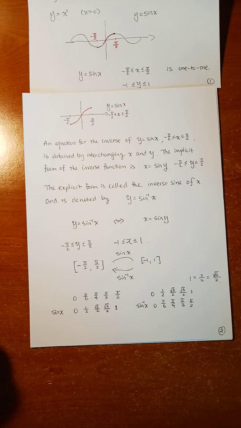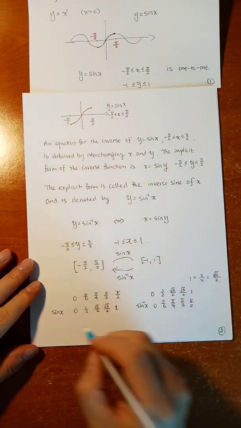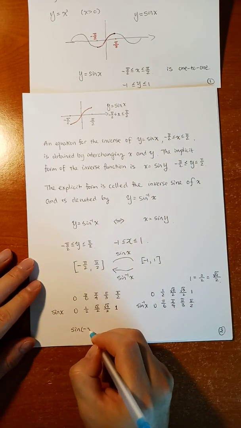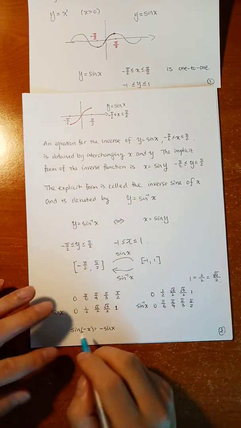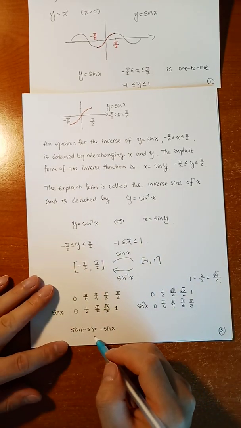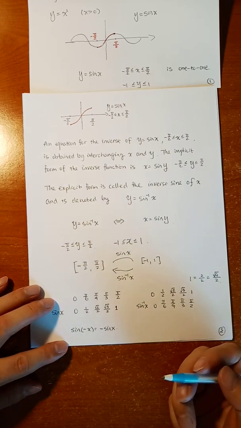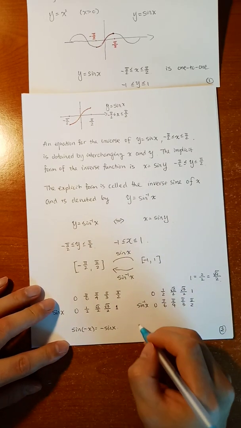So this is the stuff, and we know that sine of negative x is negative sine of x. Sine is an odd function. Inverse sine is also an odd function.